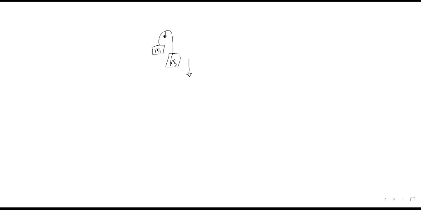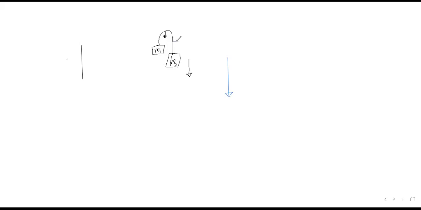We can get the force diagram or free body diagram for mass 1 and mass 2. Now let's see what's going on here. The system is going down.